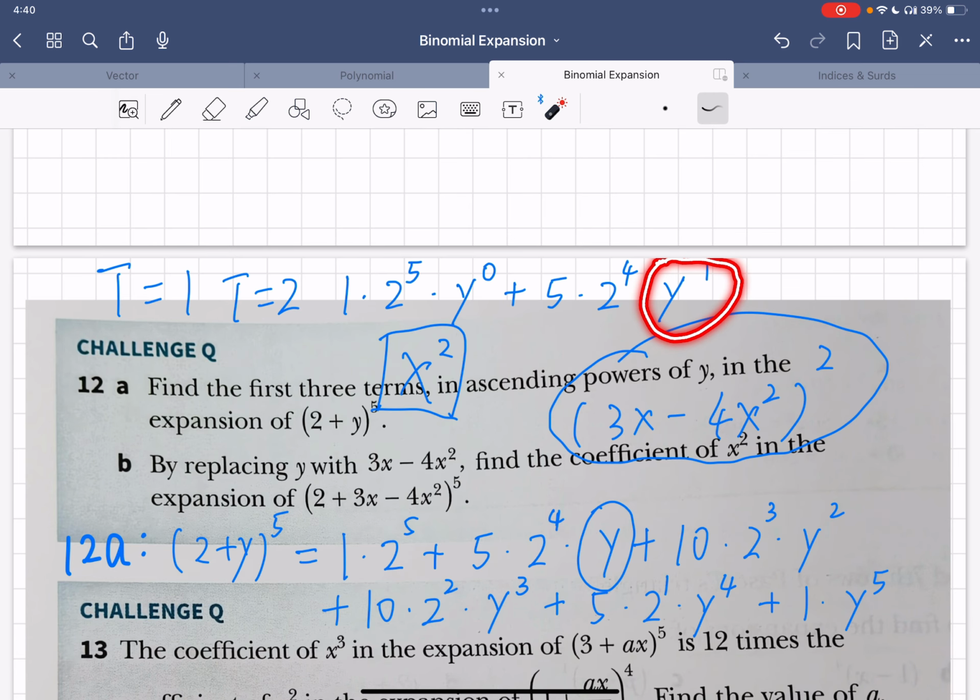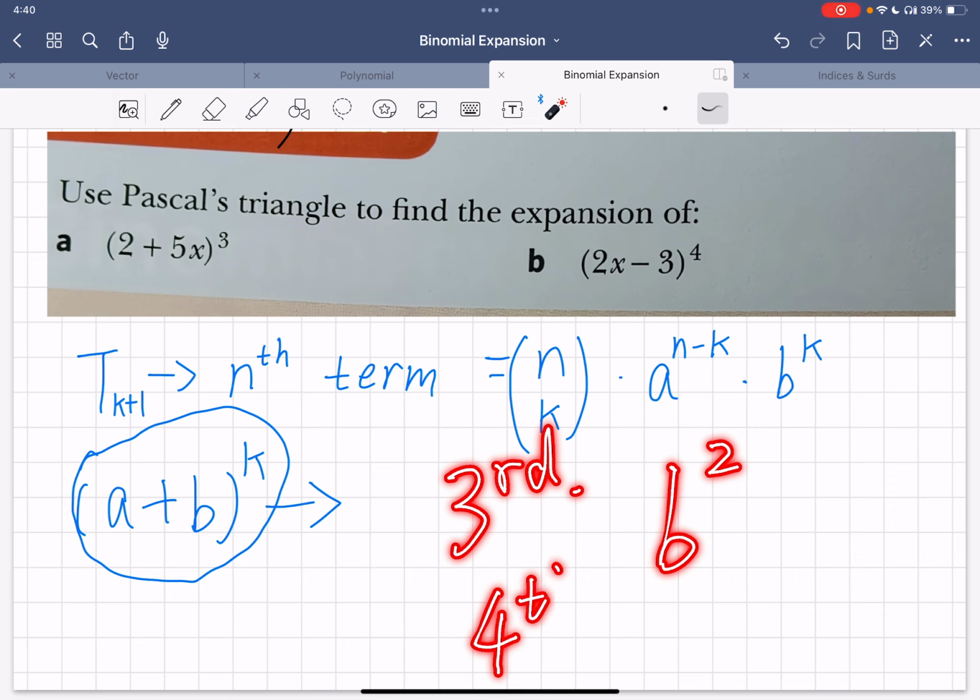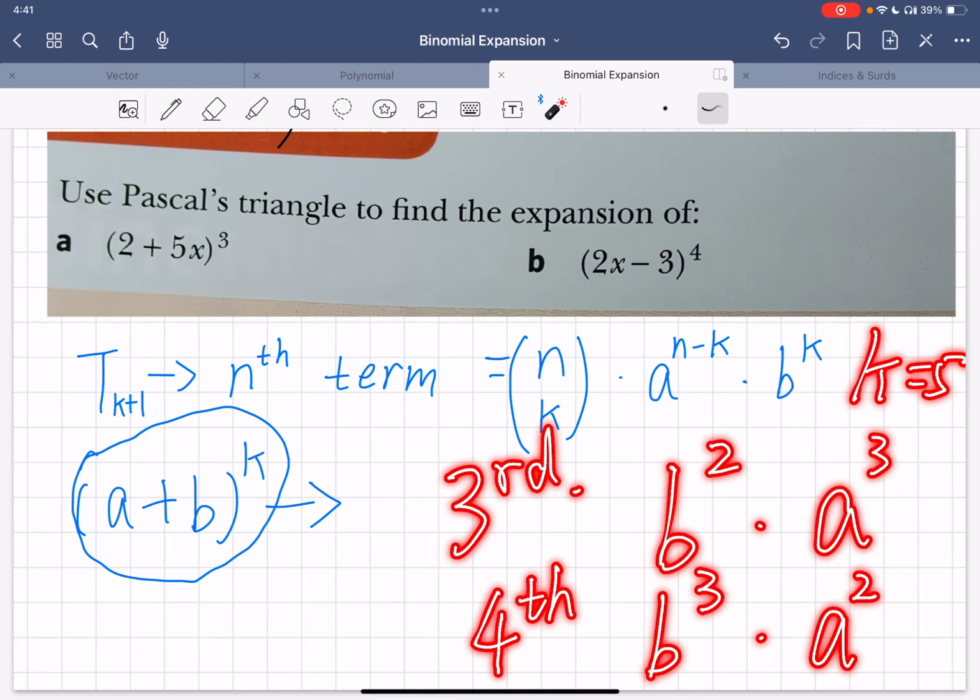The third term has b to the power 2, the fourth term has b to the power 3. Then you can follow this pattern to calculate the power for a. For example, if the power is 5, then you have to make the total sum of powers equal to 5. Then a has to be 3 or 2 in different terms, right?